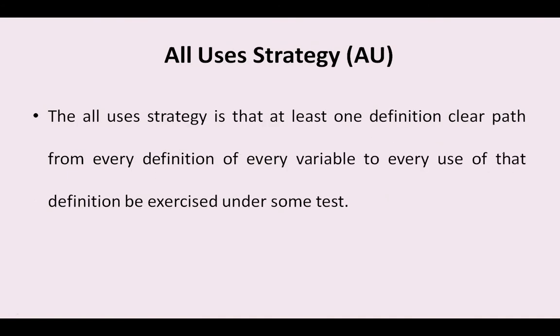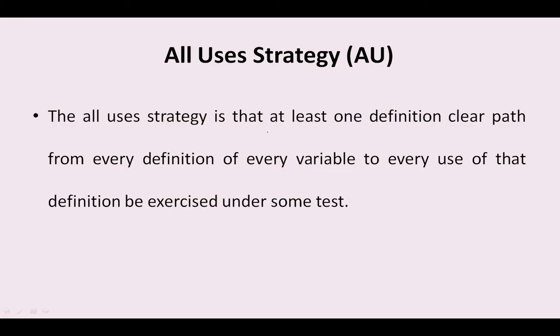Now coming to the second one, the all uses strategy. All uses means at least one definition clear path from every definition of every variable to every use of the definition is exercised under some test. Whatever uses are there after a definition, it has to consider all the uses.